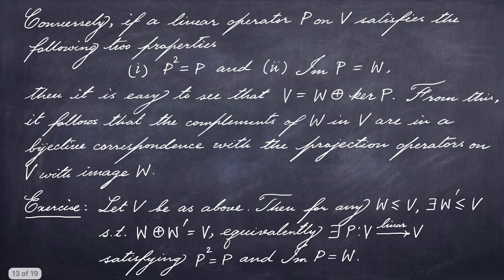Conversely, if we are given a projection operator P on V whose image is W, then it's easy to see that if we consider the kernel of that projection operator, then V happens to be the direct sum of W and the kernel. So again let me repeat.